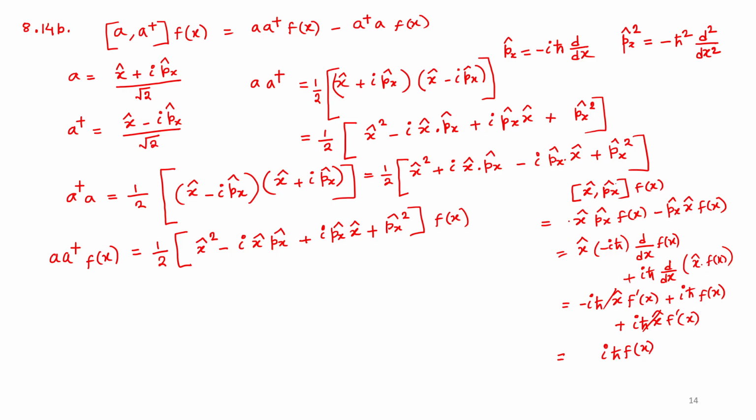So minus x px of f of x is obviously going to be minus i h cut f of x. I just did it because we are going to simplify this part. Half x square is the x.